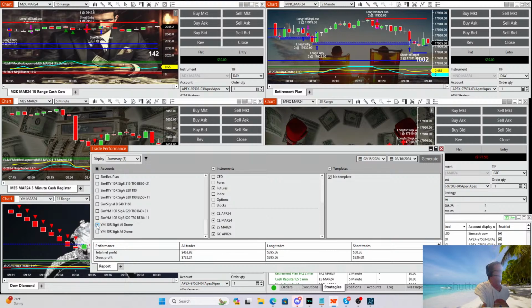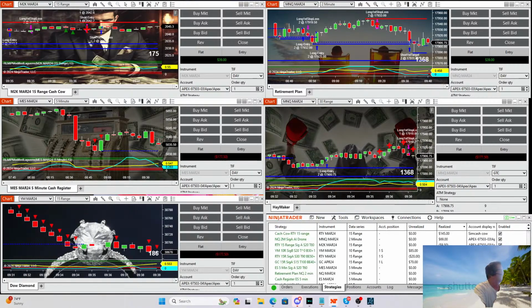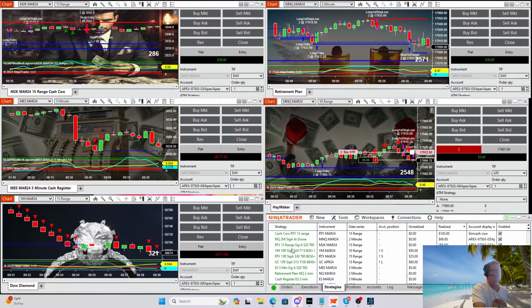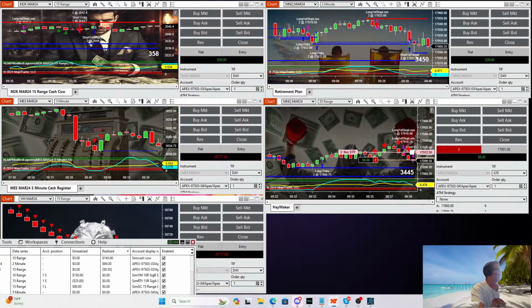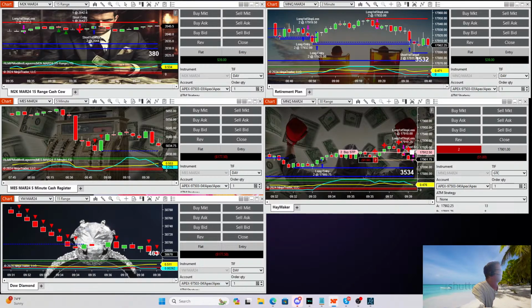Okay, I think that's what we'll switch it to. The 10 range. So I'll go back to my strategy and make sure that I'm on that 10 range. Yeah, I am on the 10 range.